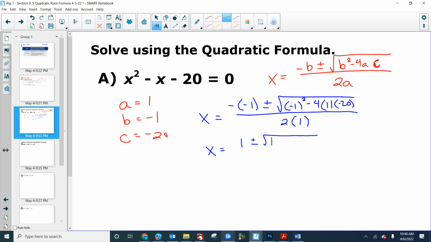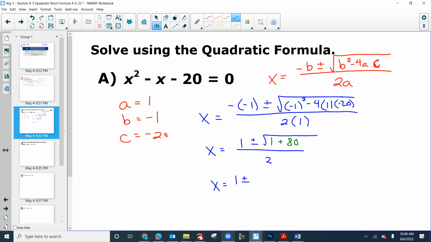And then what's -4 times 1 times -20? Positive 80. All over, what's 2 times 1? 2. X equals 1 plus or minus.